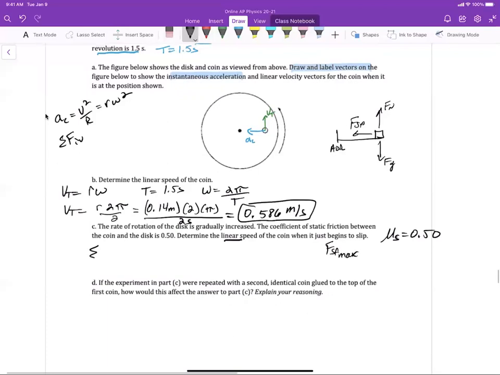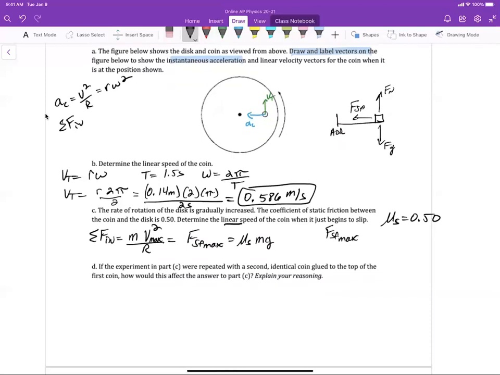So now I'm going to sum the forces inward: the mass of the coin times velocity squared over radius, and this will be my max velocity, at my max force of static friction. I know that the max force of static friction is mu s times normal force, and in this case the normal force is mg of the coin.